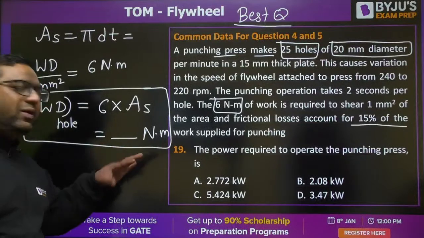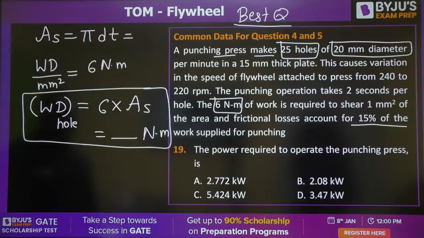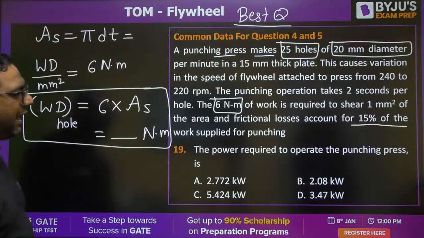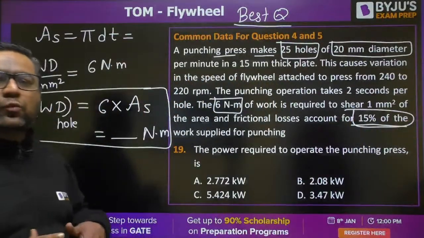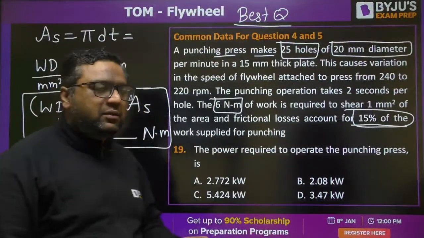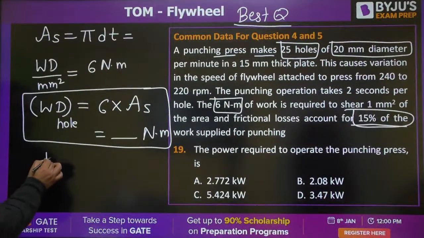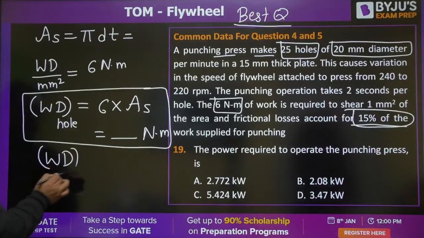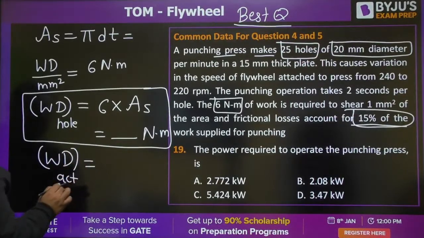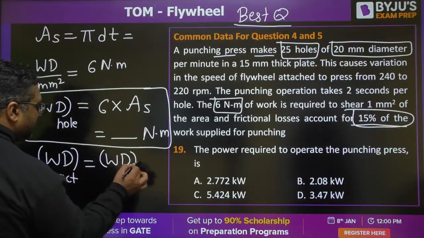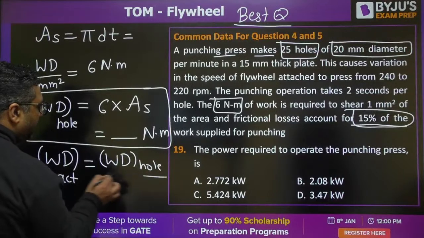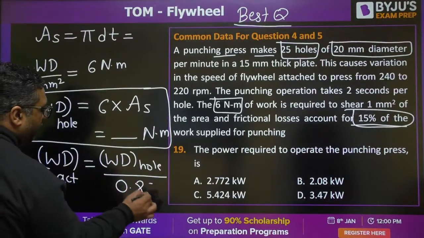Once you get the work needed for one hole, then my dear, they are saying that frictional losses are 15%. It means they need to produce 15% more than that. So what should be the actual work done by the motor? That should be the work done required per hole divided by 0.85.